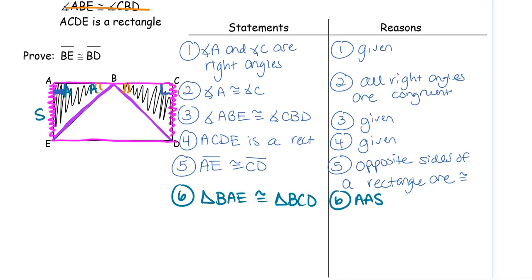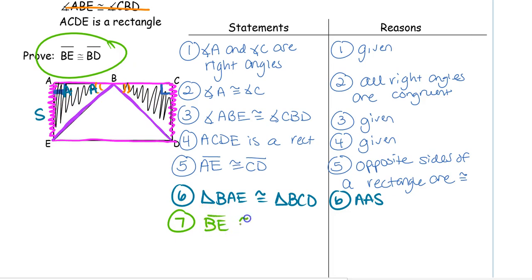But that wasn't our goal here. Remember, the final thing that we needed was to show that segment BE was congruent to BD. We wanted those purple segments. So now we can finally say that segment BE is congruent to segment BD.